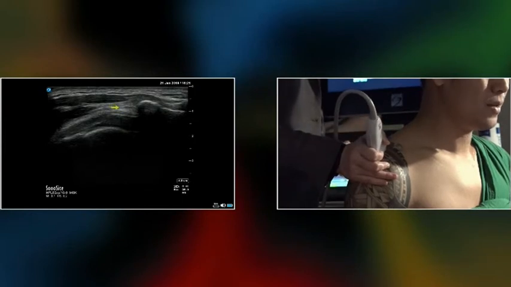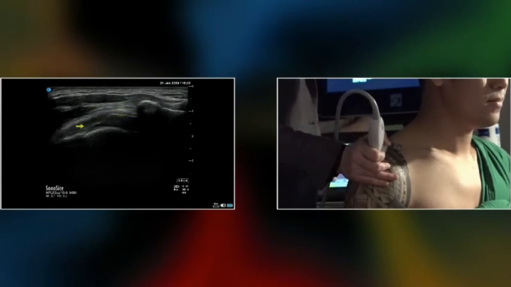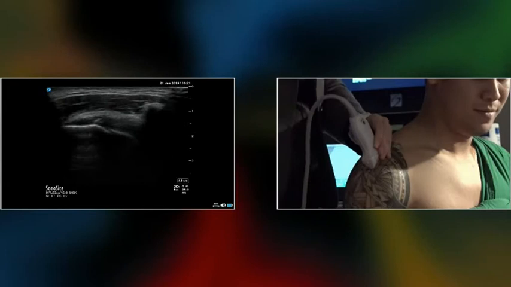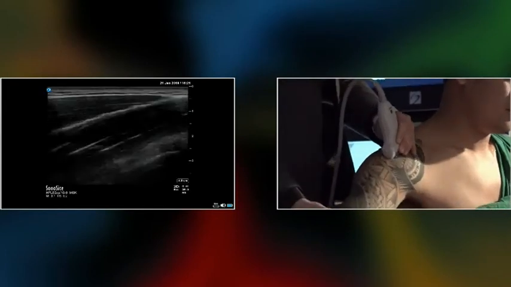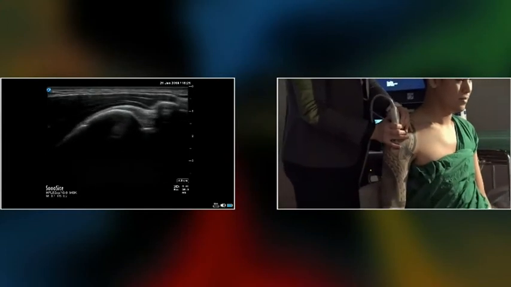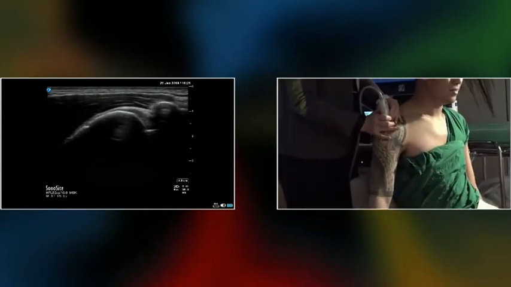You can see this is the rim of the bursa, and this is the deltoid, and this is the bone. This is the acromion. So I'm going to ask him to move, and then you will see any dynamic impingement. Okay, try to move like this. Then you can see, slowly. Because he's a young guy. Slowly elevate up.